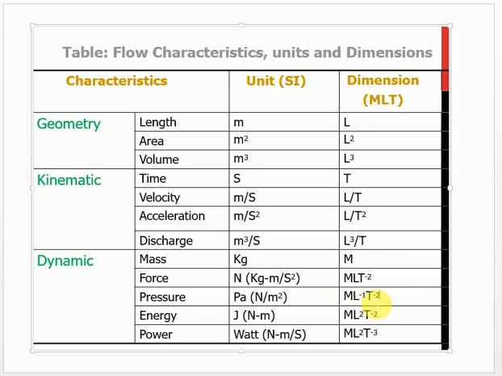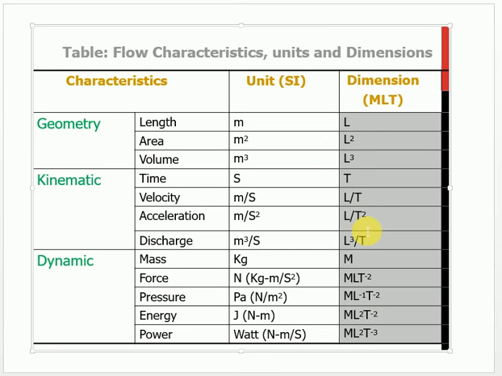These are simplified. Why are we studying these? Because in dimensional analysis we use these dimensions for the physical parameters. We are not going to substitute the SI units, we substitute the dimensions. That's why it's called dimensional analysis. Based on these dimensions, we analyze and derive an expression. So it is very important.